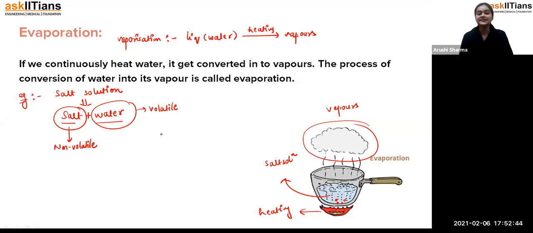That means, when you have a volatile and a non-volatile substance, then only you can use the evaporation process. The volatile one can be converted into vapor easily and the non-volatile one will be left behind. But can you imagine if both are volatile or both are non-volatile and you are using the evaporation technique?